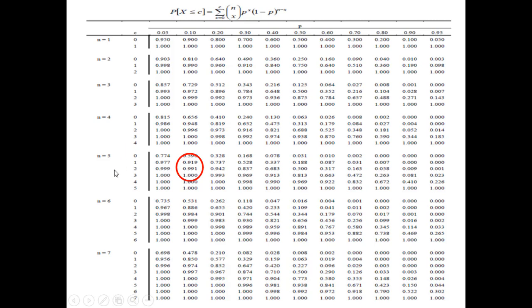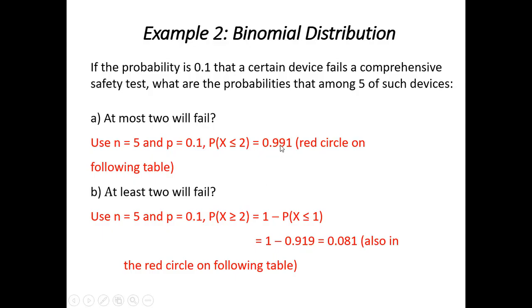So here's the section where n is 5. We know p is 0.1, so the probability at most 2 will fail will be given right here with this value, 0.991. Right? So here again, you could see the red circle, 0.991. The probability x is less than or equal to 2.